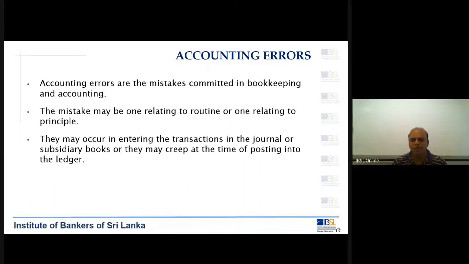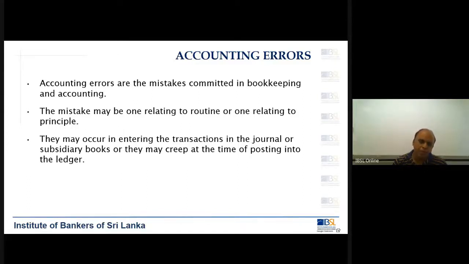Now currently, you know that we will not do those in our business environment, where we will not sit somewhere and do the debits and credits. This is the debit, these are the debits, and these are the credits. That we don't do. We directly post it into the system. But in manual bookkeeping, people first have to draft the journal. So at the time of entering the transactions in the journal, you make a mistake.